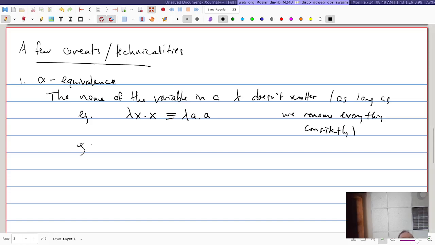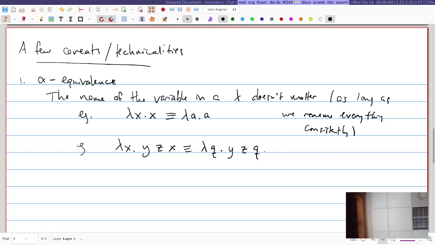Okay, or as another example, lambda x dot y z x equals lambda q dot y z q. Right, because I changed the name of this x, and this x is referring to this one, because it's the output of the function.